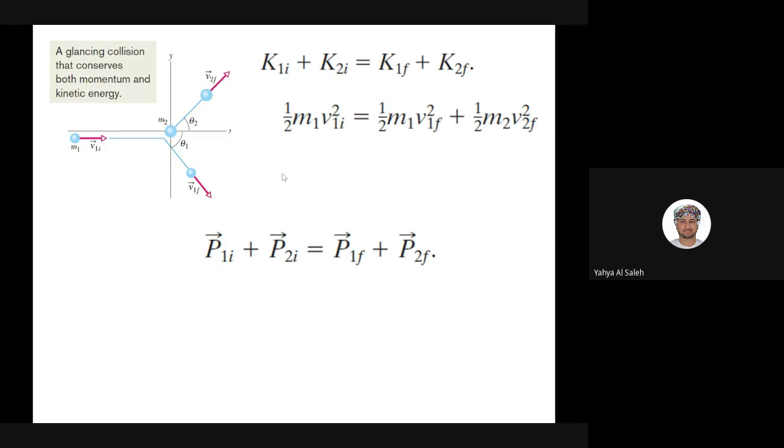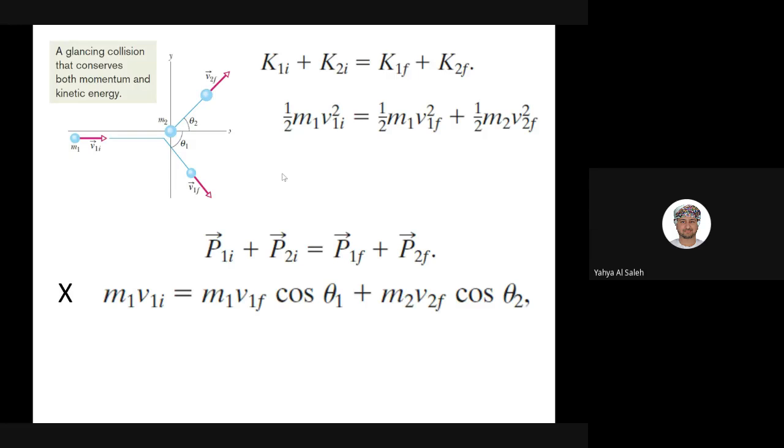But remember, momentum is a vector, so we take components x and y. In x, we have m1 v1, it's only coming in x, we don't need sines or cosines, equal to m1 v1f cosine theta plus m2 v2 cosine theta. In y, we don't have anything in momentum before because it's only coming in x.